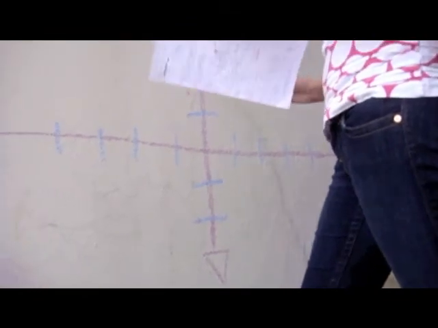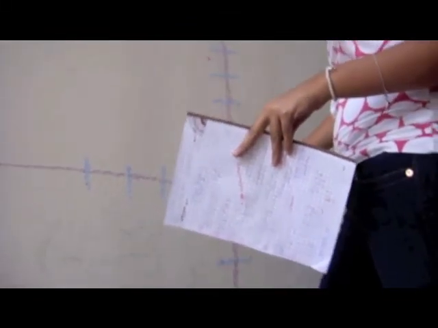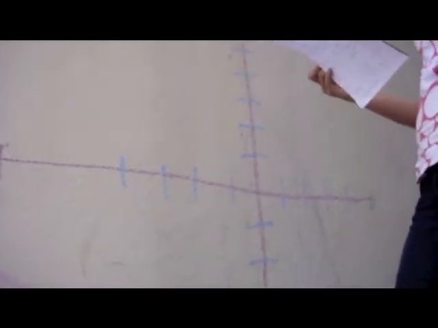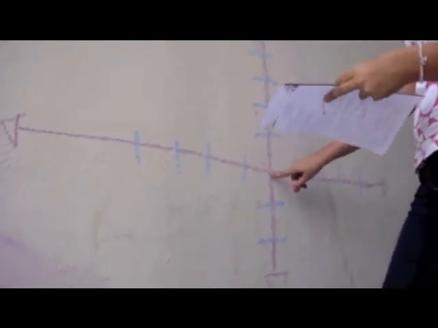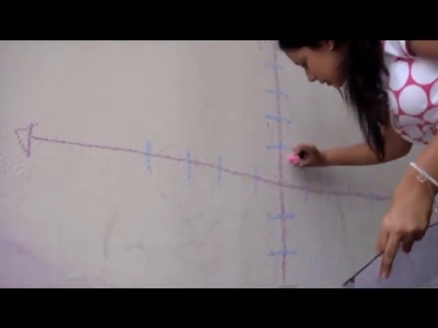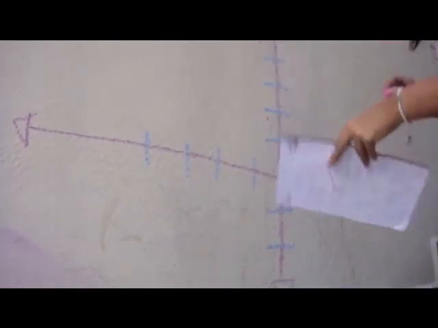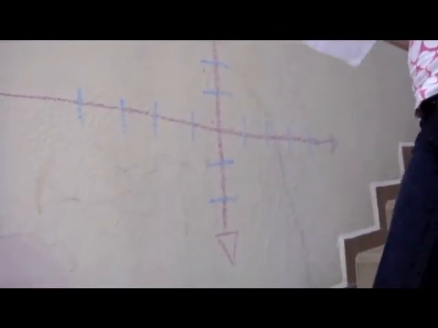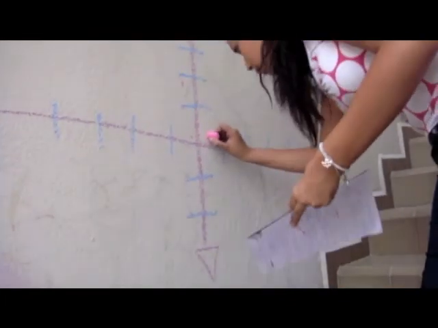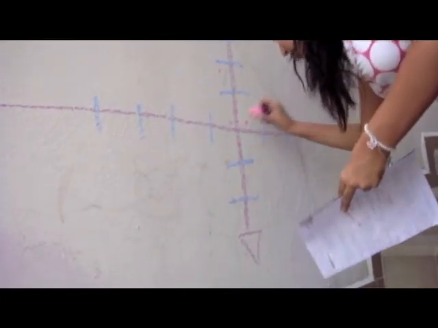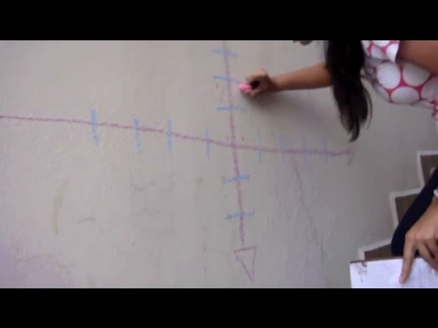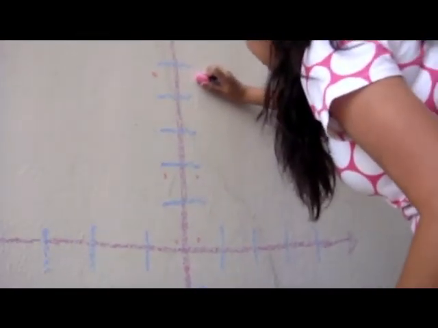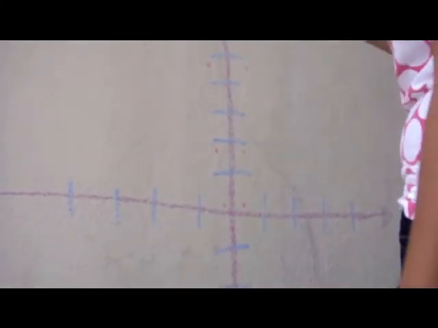For -1, it will be 1/4, almost at 0. For 0, it will be -2, here in the y-intercept. And for 1 it is 1/4. So again, it is repeating, we put it here. Since it is already repeating, we can put the same points on the other side. Okay. So we have already graphed our first equation.